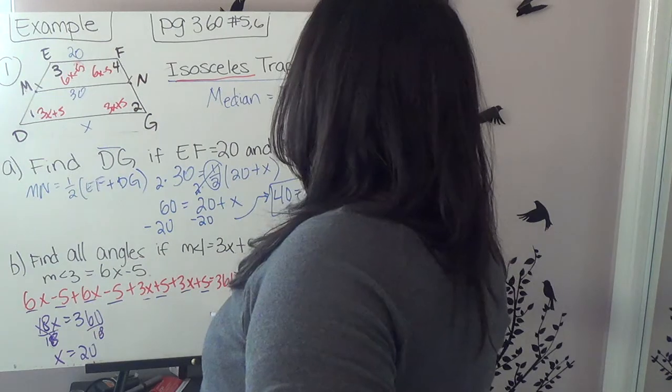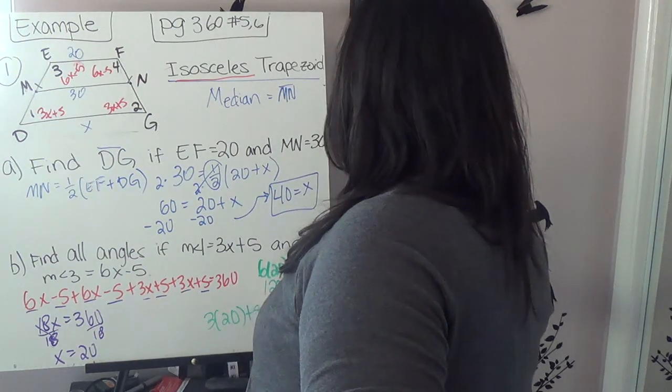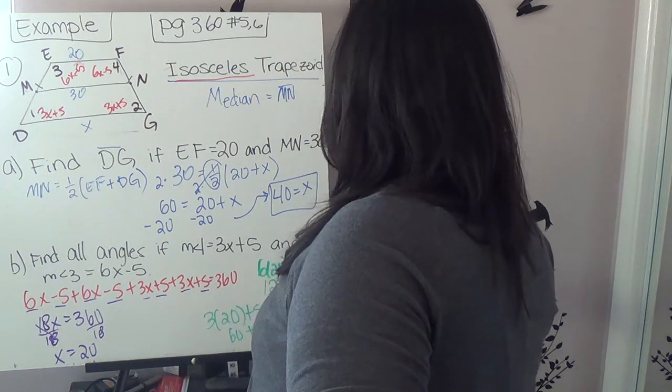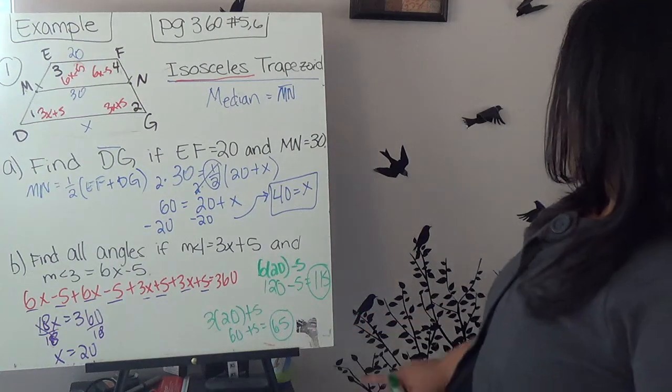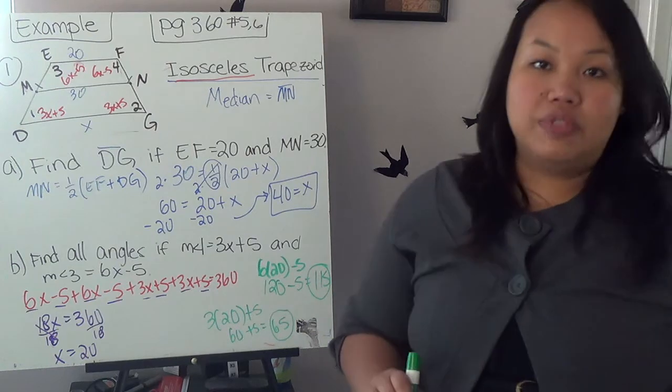The measure of angles 1 and 2 is 3 times 20 plus 5, which gives me 60 plus 5 equals 65. So the measure of angles 1 and 2 is 65, and the measure of angles 3 and 4 is 115.